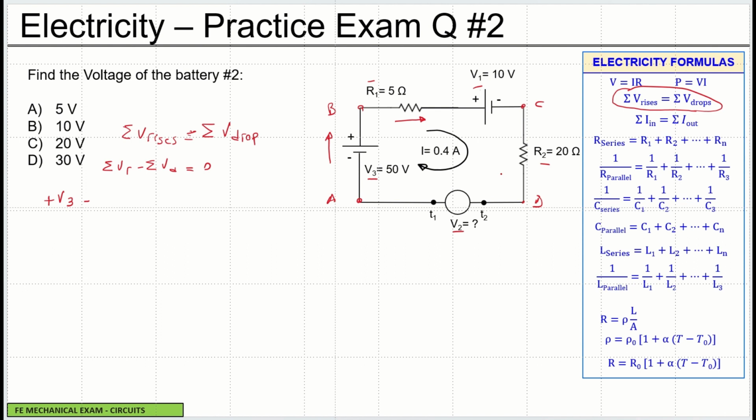Because it's a consumption, I write R1 I, the resistor times the current, which is the voltage. Then V1 is going down, so minus V1. Then I go from C to D, that is a consumption, minus R2 I.